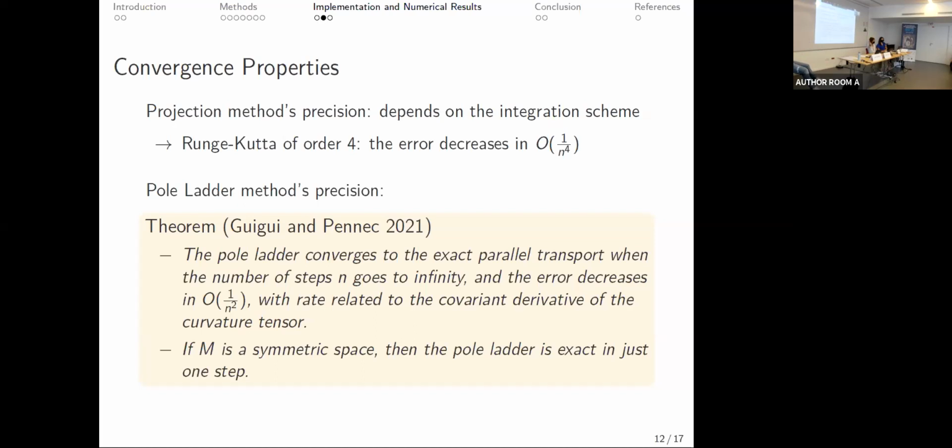But for pole ladder, we already have the result saying that the method is of order 2. However, if the space is symmetric, it is exact in just one step. That's why it's mostly used for symmetric spaces, because it's particularly adapted.